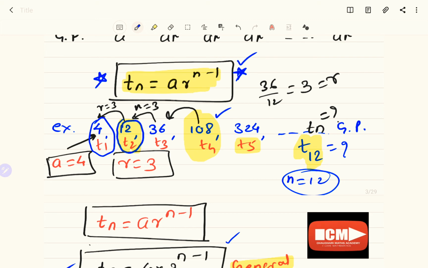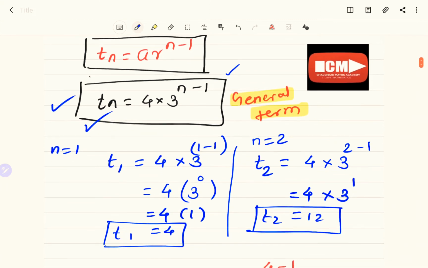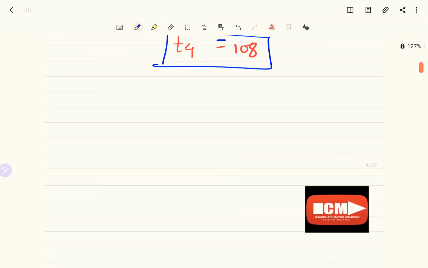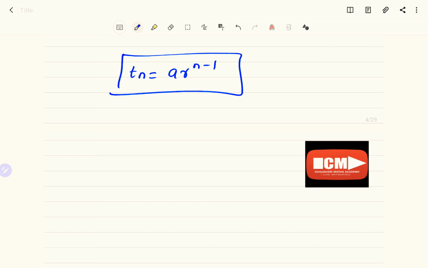If you want the 15th term, substitute n equal to 15. If you want the 10th term, directly substitute n equal to 10. That's why this is a very important term in geometric progression. Once again I am repeating, the nth term of a geometric progression is ar raised to n minus 1. Please remember this very important formula.